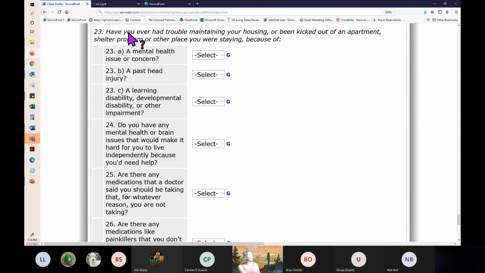23A through C. Have you ever had trouble maintaining your housing, or been kicked out of an apartment, shelter, program, or other place you were staying because of a mental health issue or concern, a past head injury, a learning disability, developmental disability, or other?